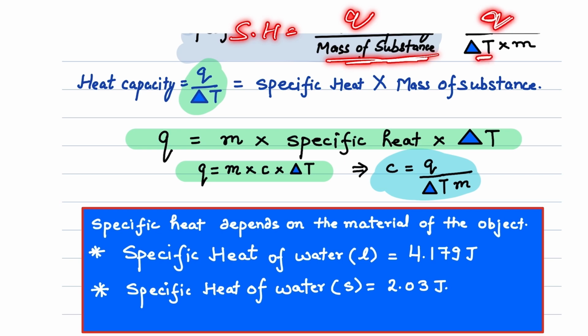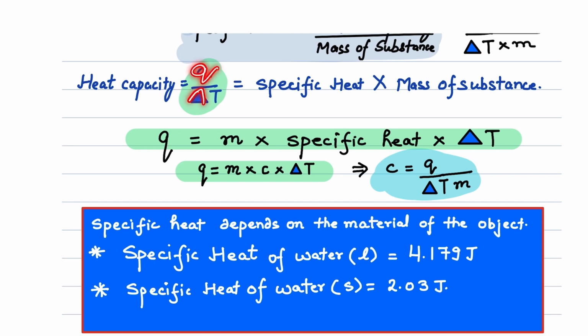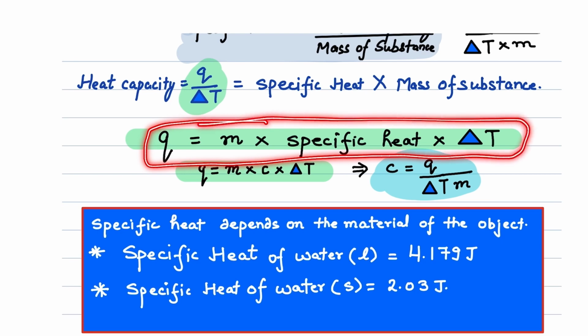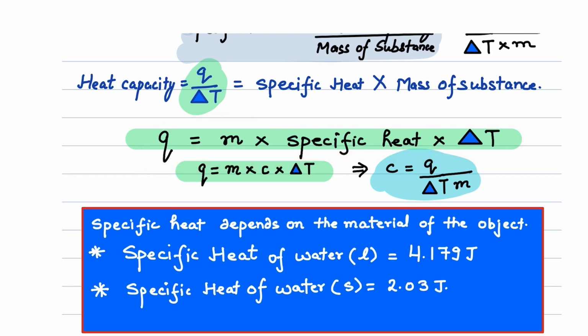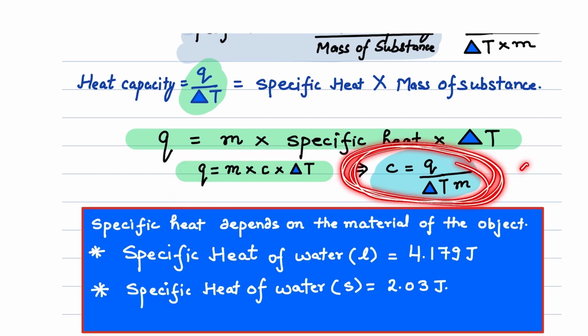So, Q by delta T into m, we know that heat capacity is equal to Q by delta T, and this should be equal to specific heat multiplied by the mass of the substance. So, I can say Q is equal to m into specific heat into delta T. This is a very important formula again for numericals that are asked in entrance exams like IIT-JEE or NEET.